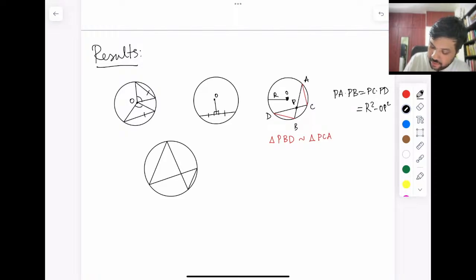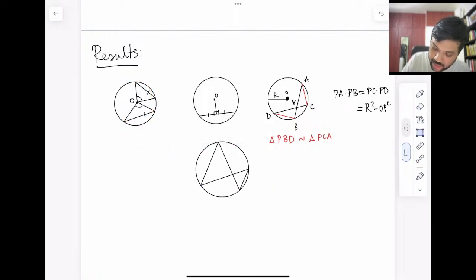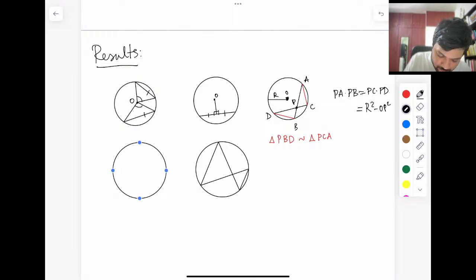Actually, that is just a consequence of a more basic fact: the angle subtended at the arc, and it's important that this happens only on the major arc, is half of the angle subtended at the center. So if this is x, this is 2x.